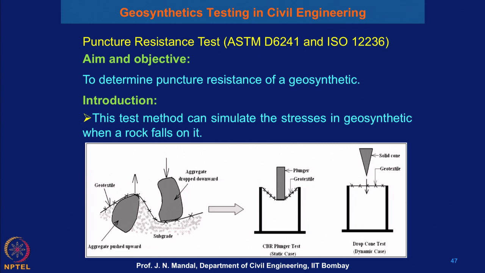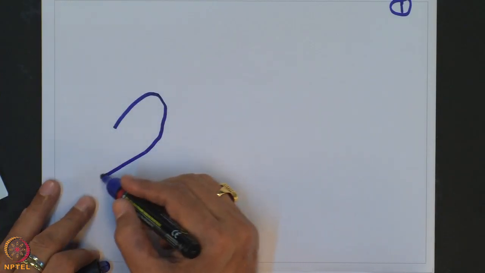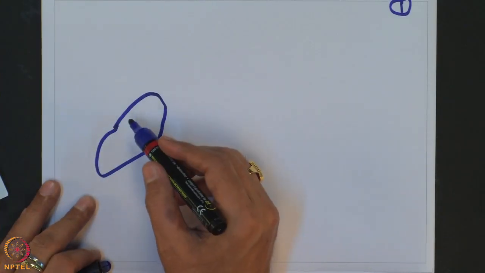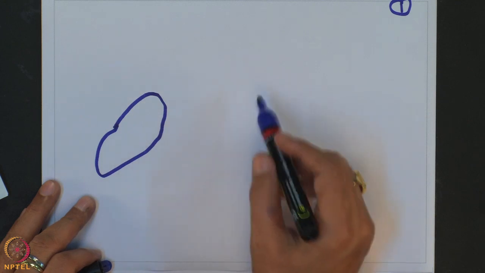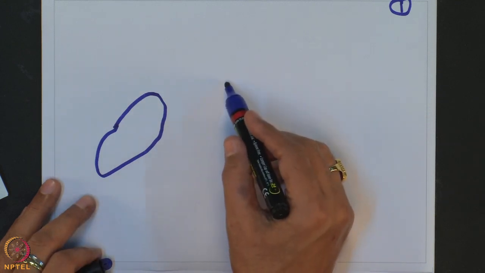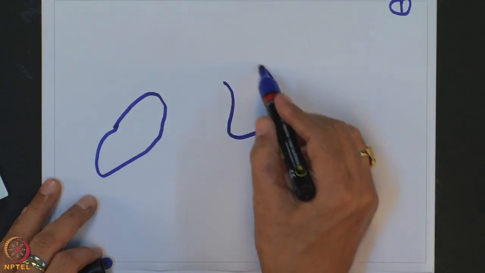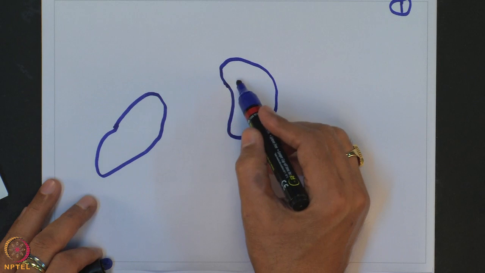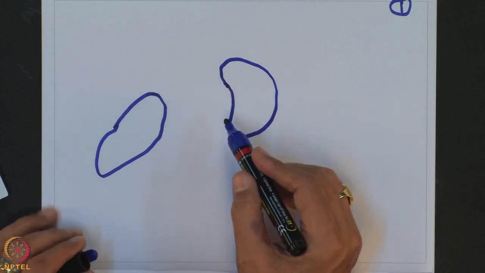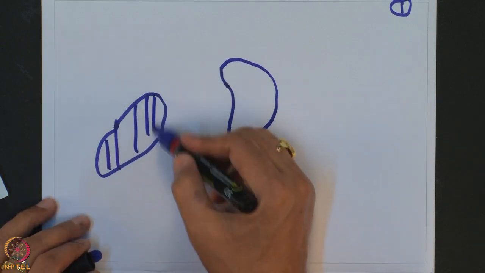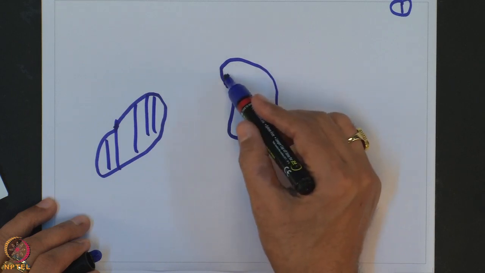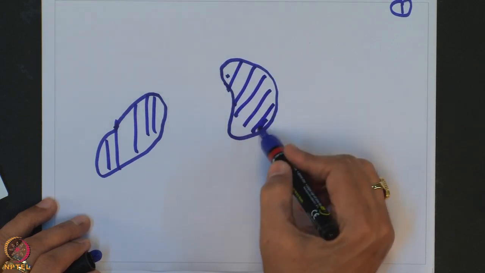For example, this is a kind of aggregate, or this is another kind of aggregate material. So, this is the aggregate, and this is also an aggregate.